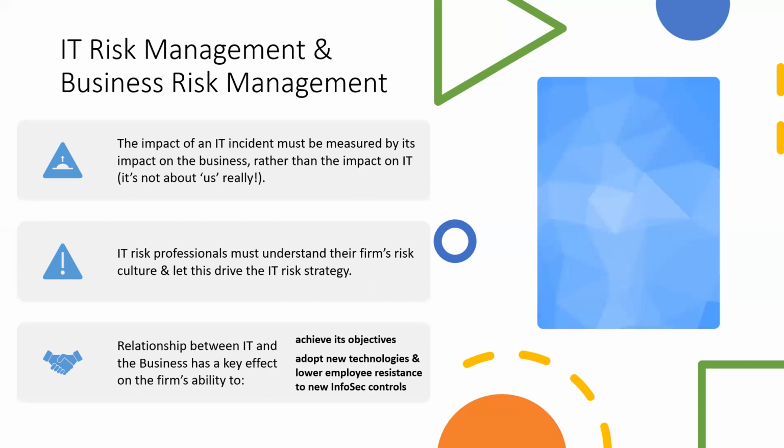If IT doesn't have a good relationship with the business and with employees, the organization may struggle to adopt new technologies because we may struggle to enable or empower the business to adopt new technologies.